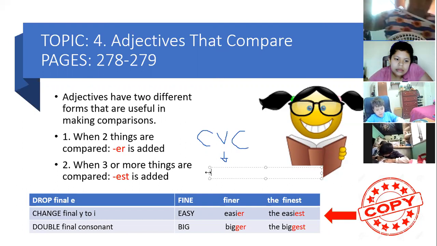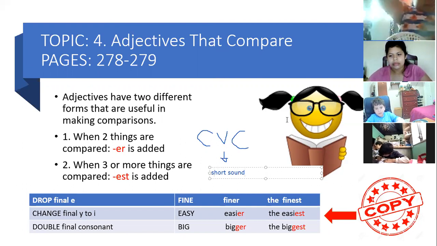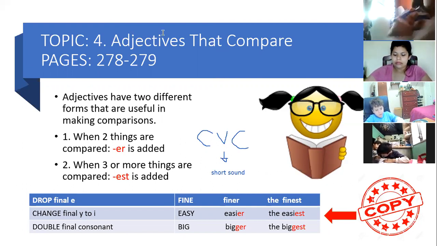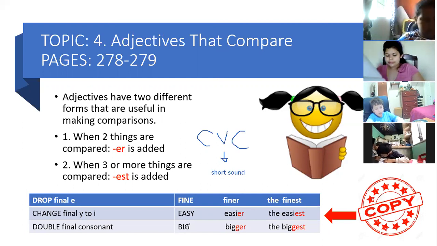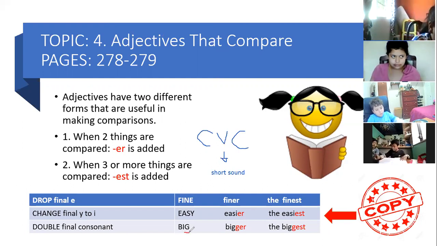In this case, the final consonant is the letter G. So we double the letter G here. Big has a consonant, and the vowel makes a short sound. So we double the final consonant, the letter G, and we add the suffix, because ER is a suffix, EST is a suffix.